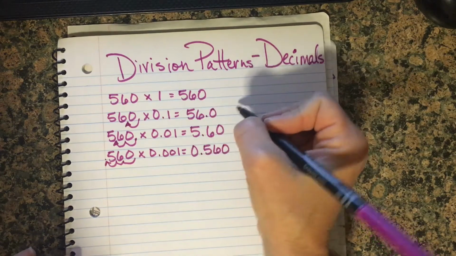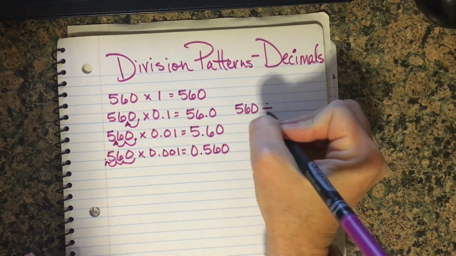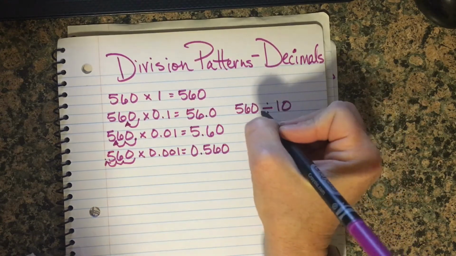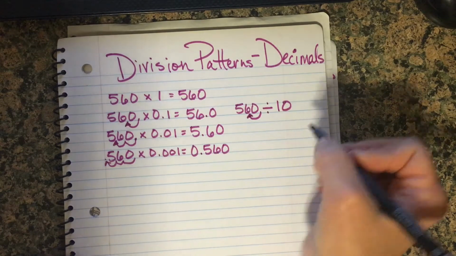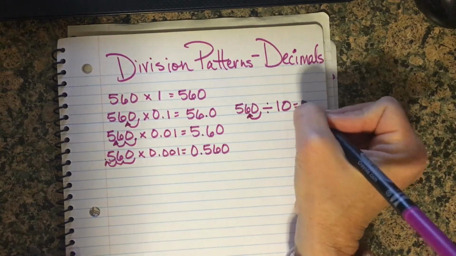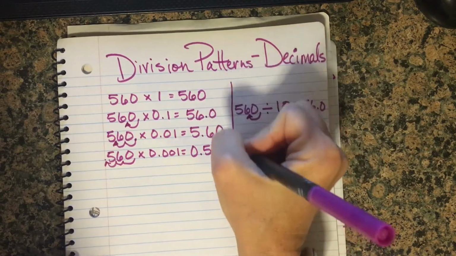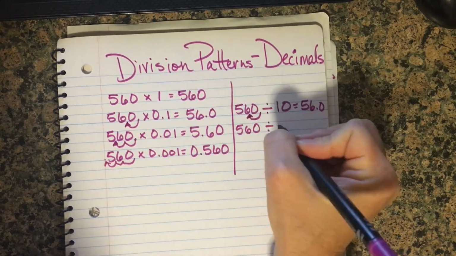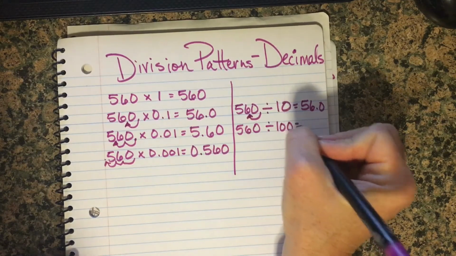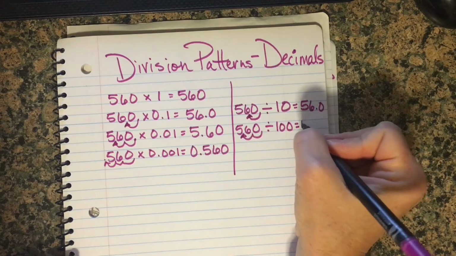So if I do 560 divided by 10, I'm going to move it one place value spot to the left, and I get the same answer as on the left. If I do 560 divided by 100, I'm going to move 2 times to the left.